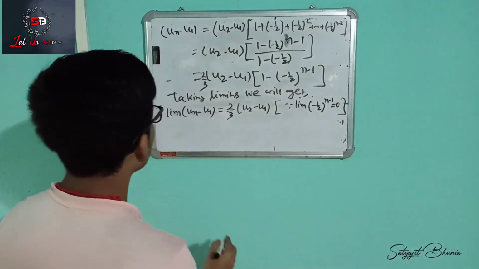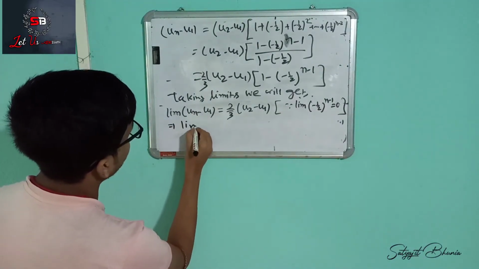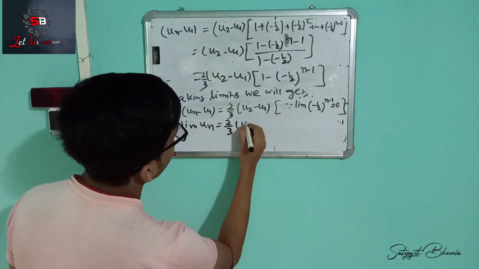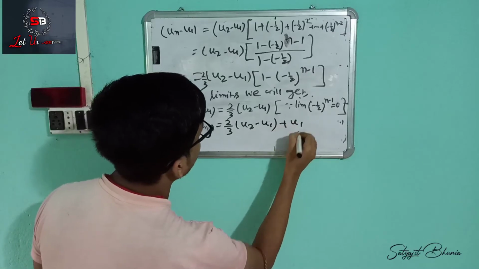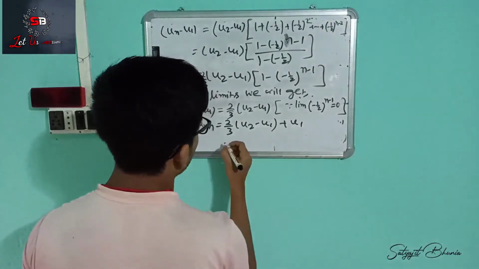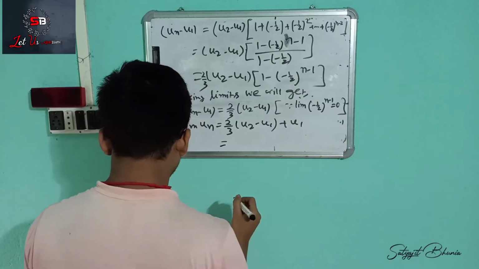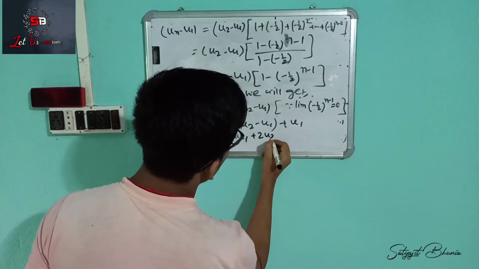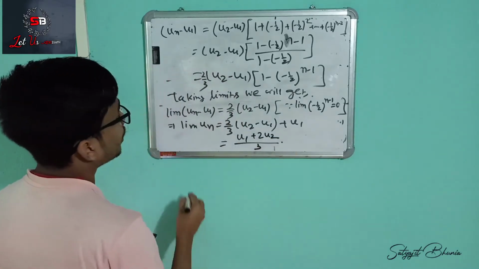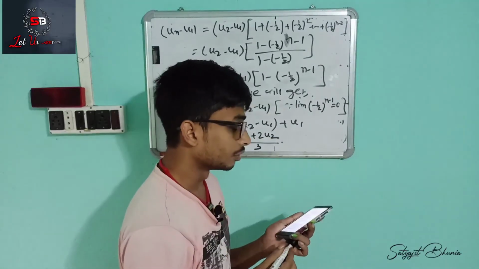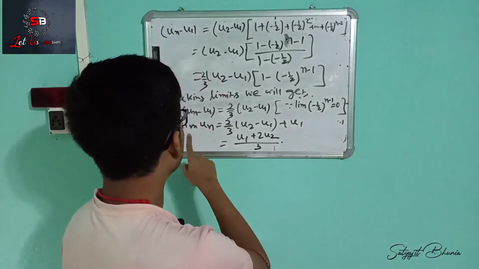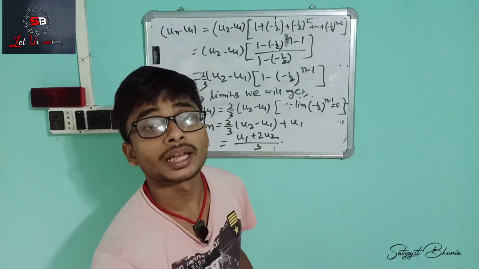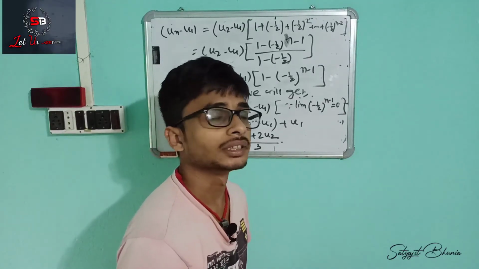This implies limit of u_n is equal to 2 by 3 (u_2 minus u_1) plus u_1. After solving this, we will get (u_1 + 2u_2) by 3. This is the required limit, or we can say the sequence u_n converges to (u_1 + 2u_2) by 3.